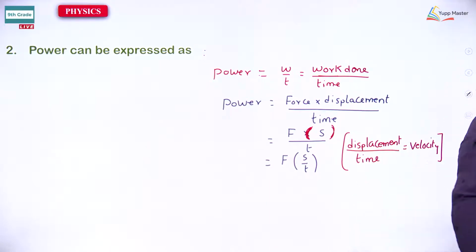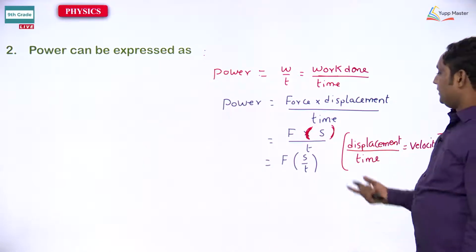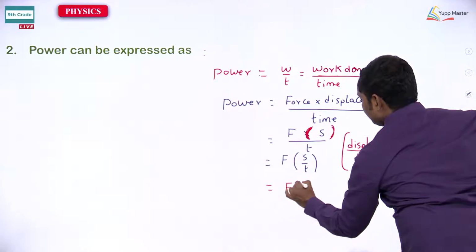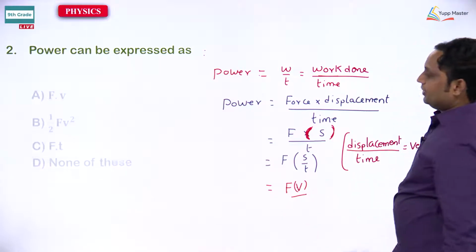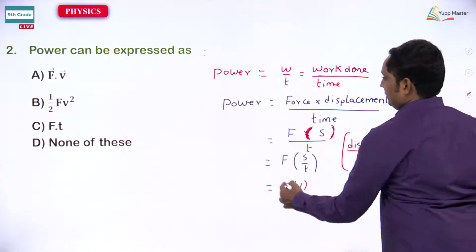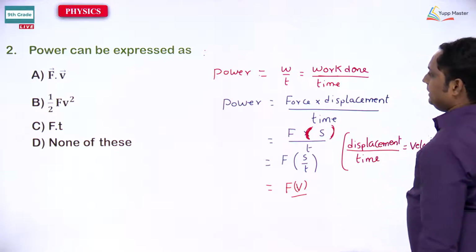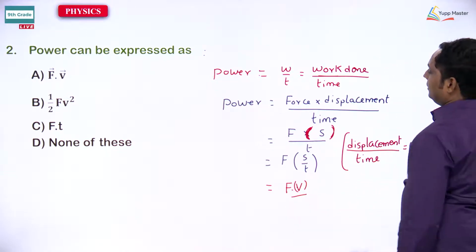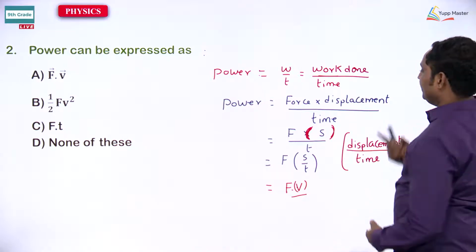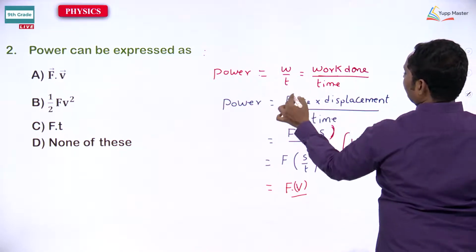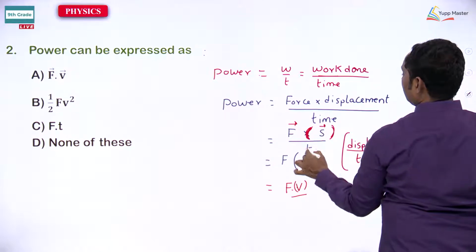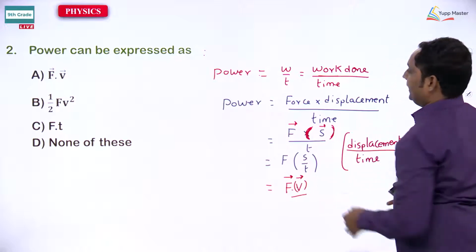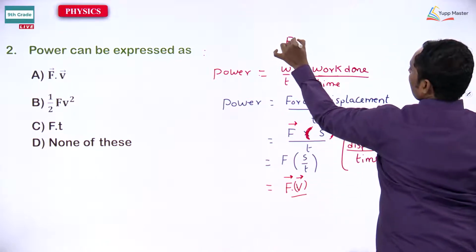All right students, just you have to get this S by T. So finally, it is going to be F v. Let us see the answer. Yeah, F dot v, just you have to take that. These are all vector quantities, so you are going to represent F bar, S bar. So finally, you will get F bar and T bar, okay, because force is a vector quantity.